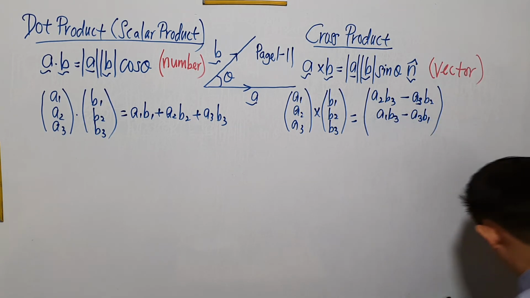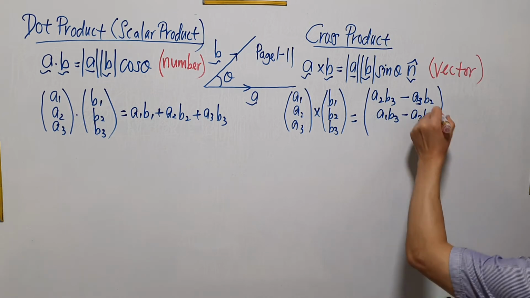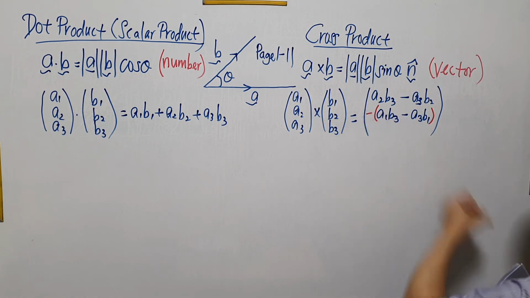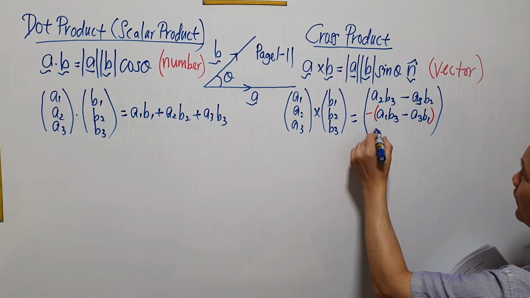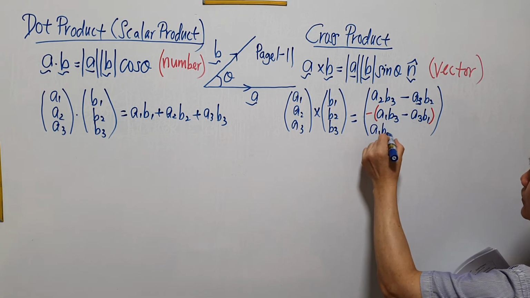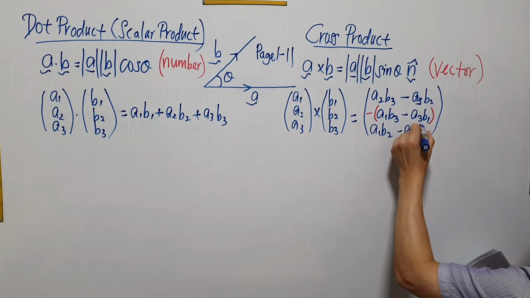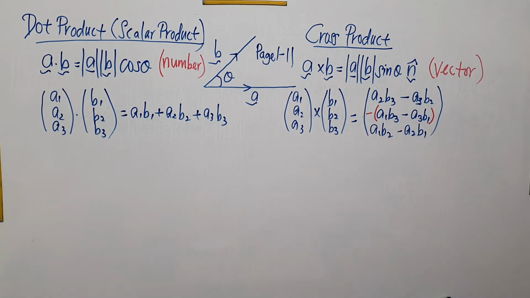Just that for the middle row, you want to put in an extra minus. And then when you cover the third row, you have A1 B2 minus A2 B1. So this shows you another difference between them.